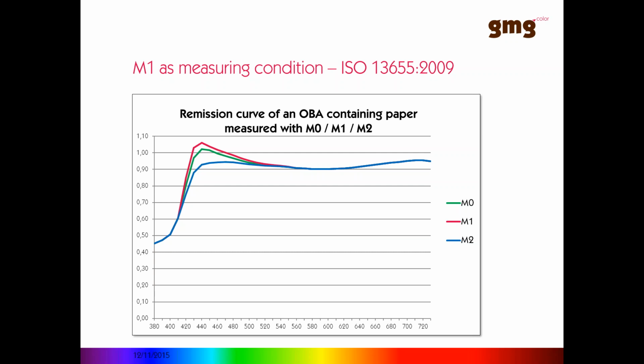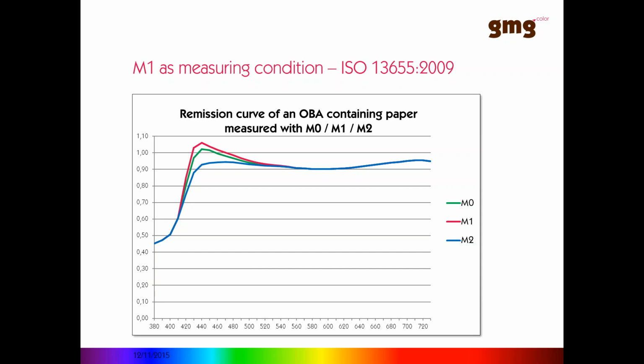When we then have a look at the M0 curve, we see that the OBAs are partly excited, but it is important to remember the UV content is not defined for this mode. So when measuring this paper with a different measuring device in the same mode, M0 no filter, it may be that the excitation of the OBAs varies slightly, since the UV content is not defined.